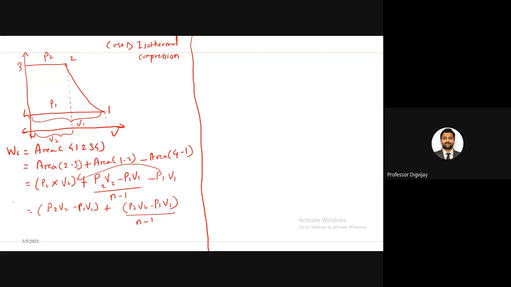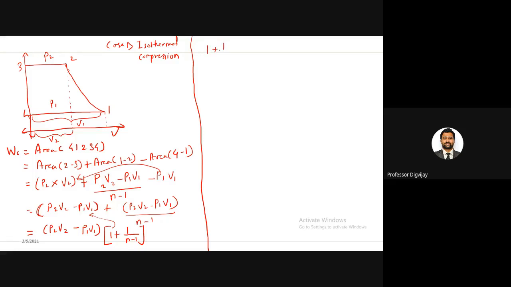This again can be rearranged as P2 V2 minus P1 V1 into, in bracket, 1 plus 1 divided by n minus 1. So this bracket thing I have taken common outside. Now, if I simplify this 1 plus 1 divided by n minus 1, what will it give me?